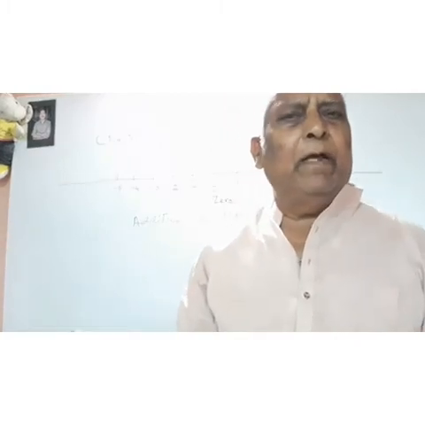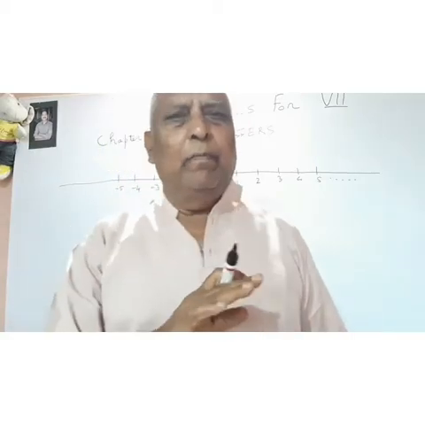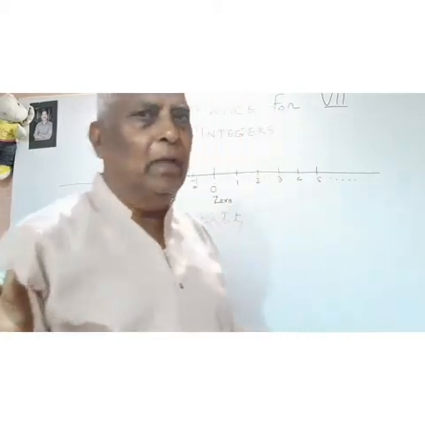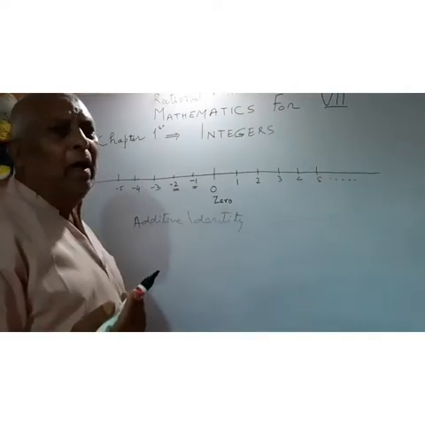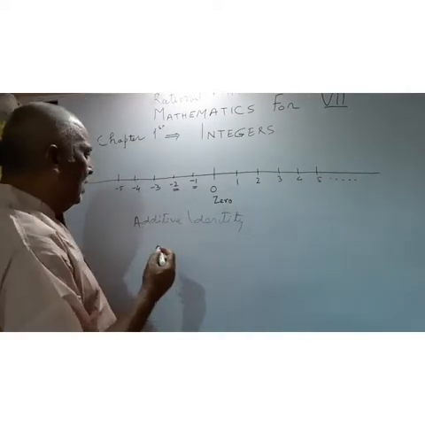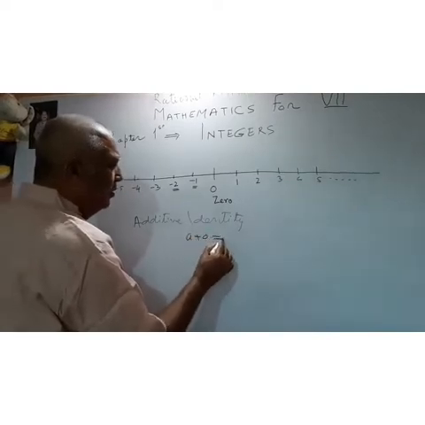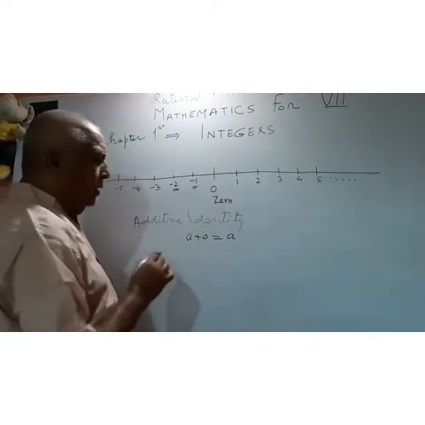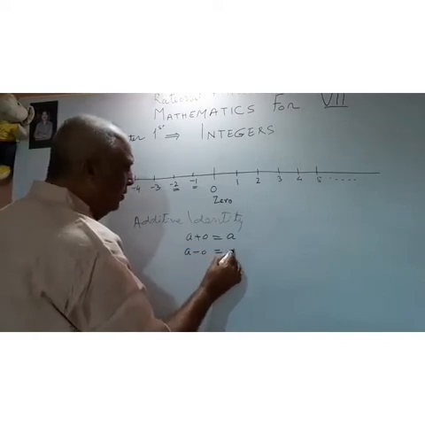If it is subtracted from any number, it will not make any difference. It means 0 is the identity for addition. A plus 0 is equal to A, and A minus 0 is also A.